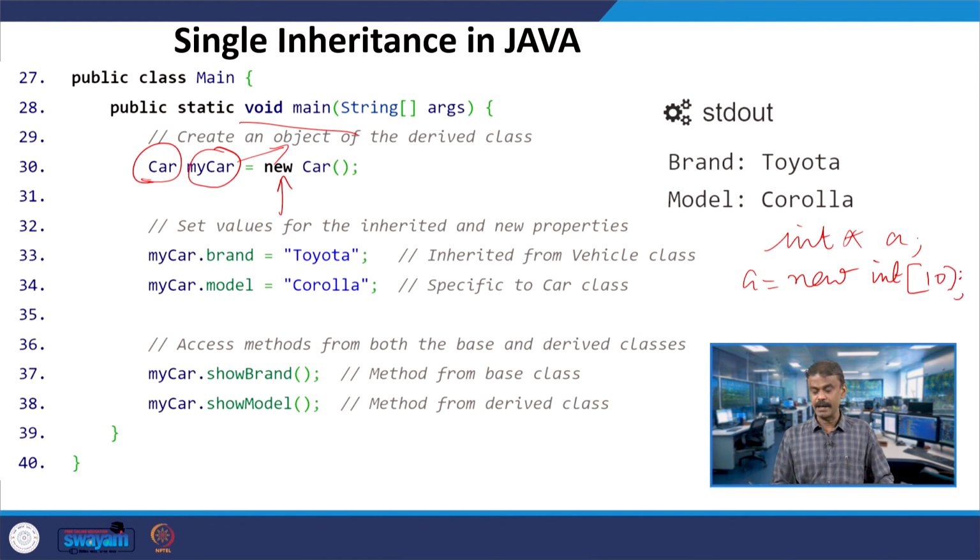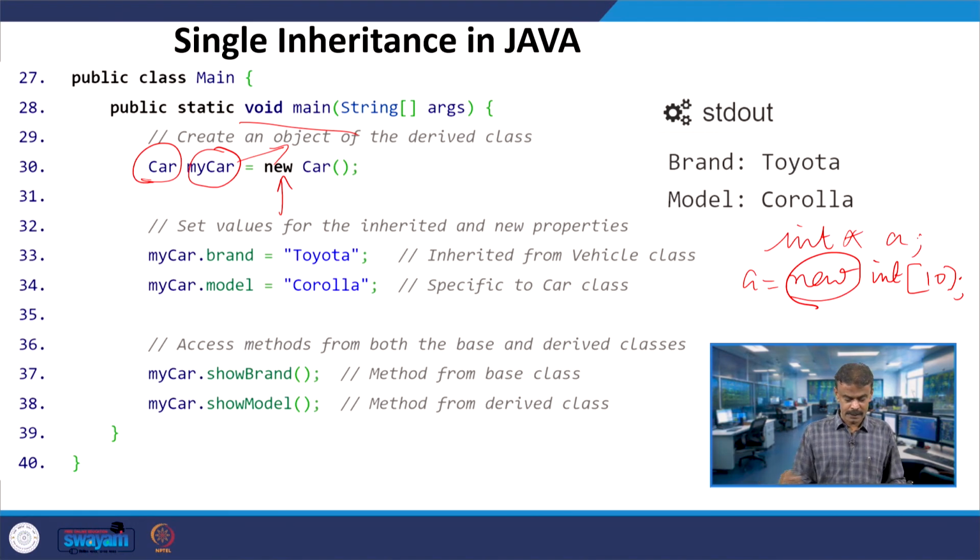This is called a dynamic array of 10 elements. You use the new operator in a similar way when creating an object. In Java all objects are dynamic, so when you want to create a dynamic object, you use the new operator.